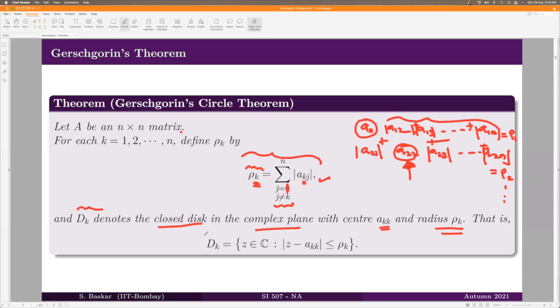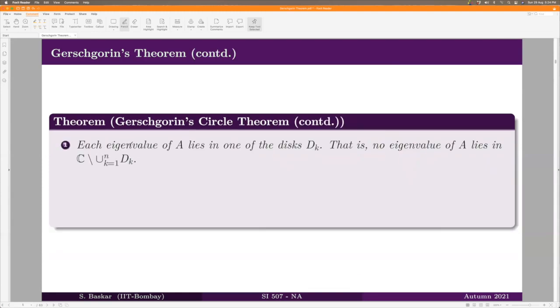That is, the Dk's are precisely given by this set. Now, what Gerschgorin theorem says is that each eigenvalue of A lies in one of the disks. Suppose you have n disks. Let's imagine there are 5 disks; we are working with a 5 cross 5 matrix. Then each eigenvalue of A lies in one of the disks.